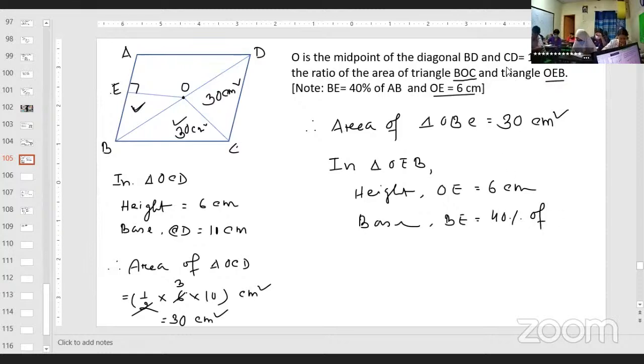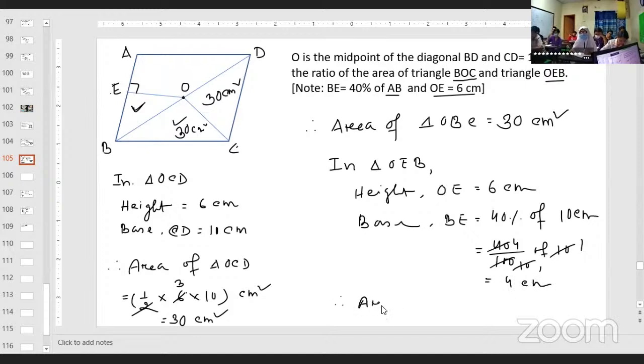If CD is equal to 10, what's the value of AB? 10. Okay, why? Because the opposite side will be equal, right? So 10 centimeters directly. If you do not have enough time, don't waste. Just leave it. So 40 divided by 100 of 10, so it is 4 cm.